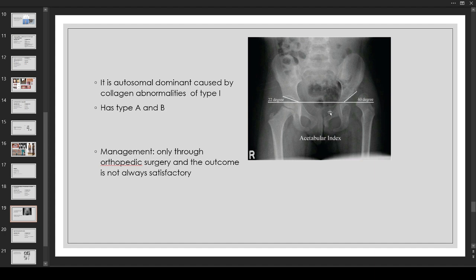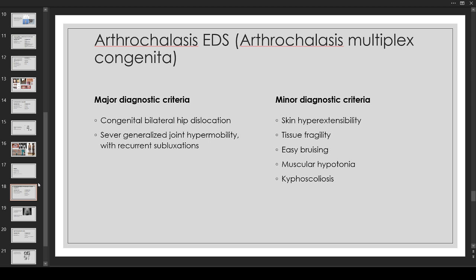The outcome is not always satisfactory, and that is due to the degenerative arthritis of the hips and the other joints that most likely are going to develop. As for the criteria, majorly the congenital bilateral hip dislocation, this is a very red flag.